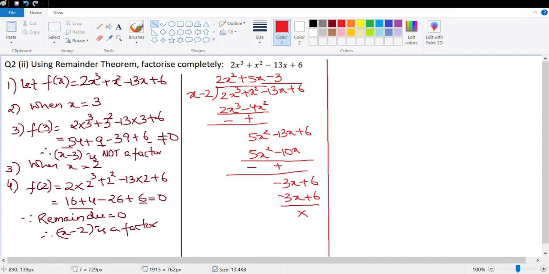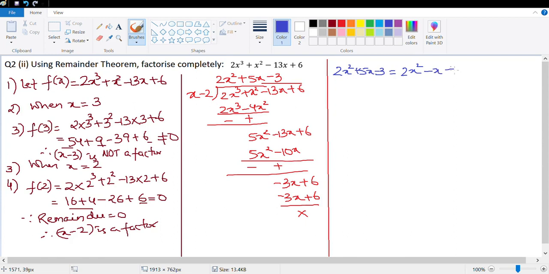factorization, but not completely. Let's see if we can factorize any further. So 2x square plus 5x minus 3. I need to find the factors of negative 6, the sum of which will be plus 5. Right? So that's negative 6, the sum of which is plus 5. So that's negative 1 multiplied with plus 6.